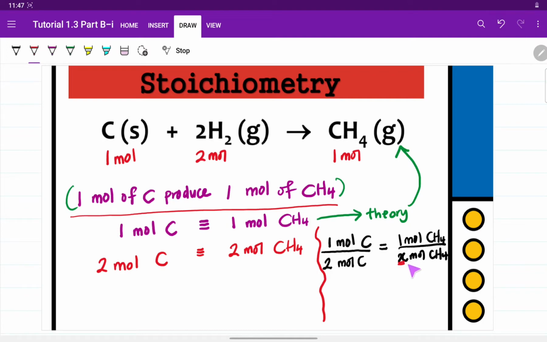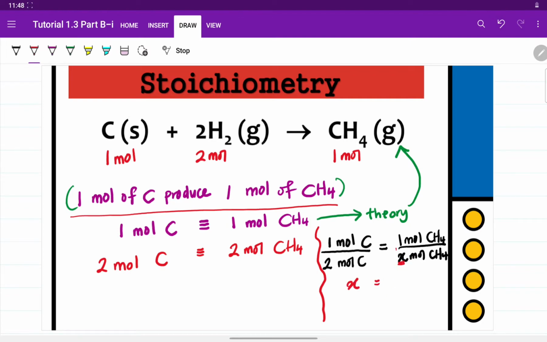Jadi untuk saya dapatkan value of X, you will rearrange the equation. Macam awak buat matematik, macam mana awak rearrange equation ni? So, X awak akan letak dekat atas. Let me use another color. So X mole of CH4. Saya tinggalkan dia sebagai X sajalah supaya senang awak nampak.